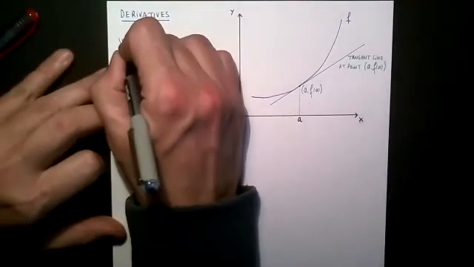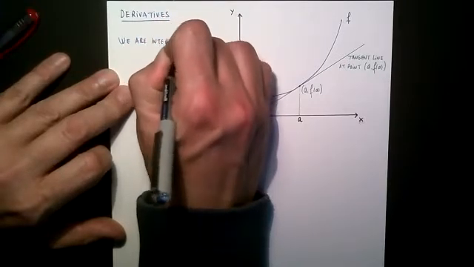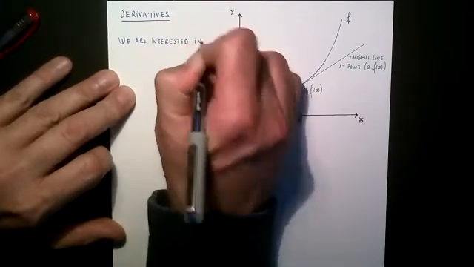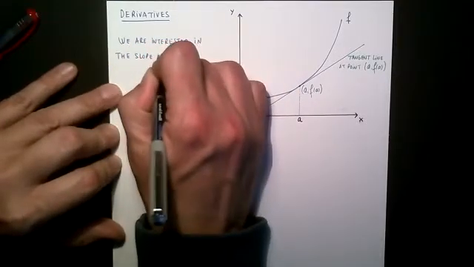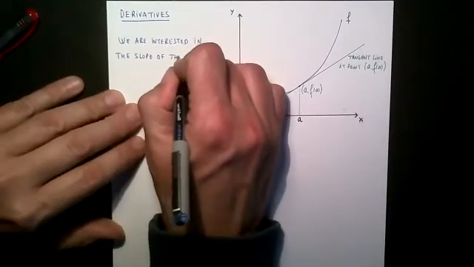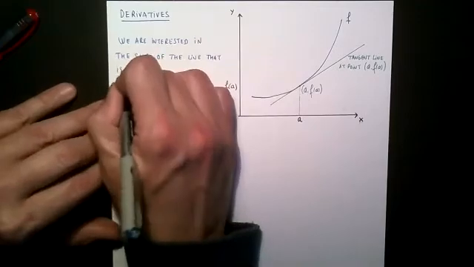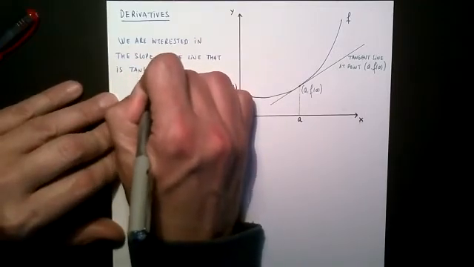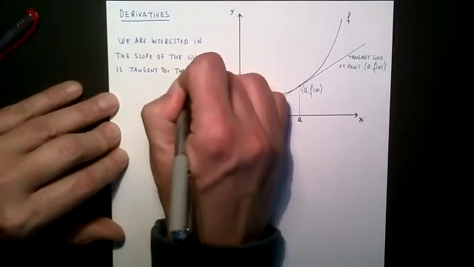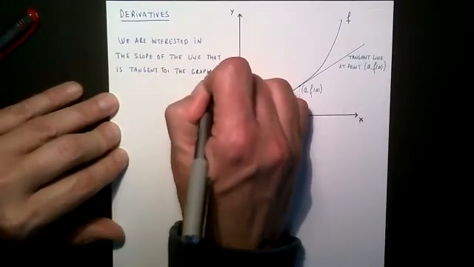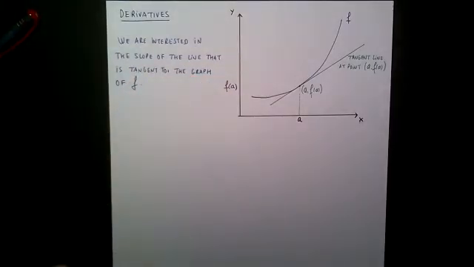We are interested in the slope of the line that is tangent to the graph of f. Okay, so I'm interested in this slope.